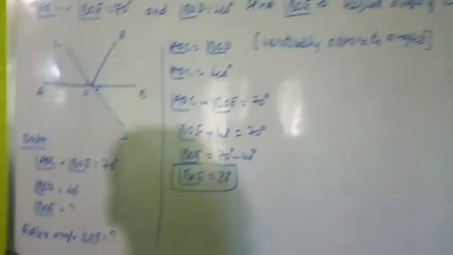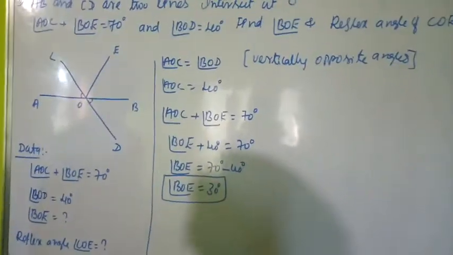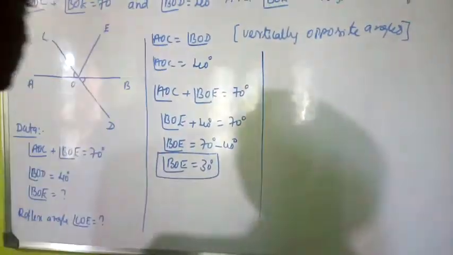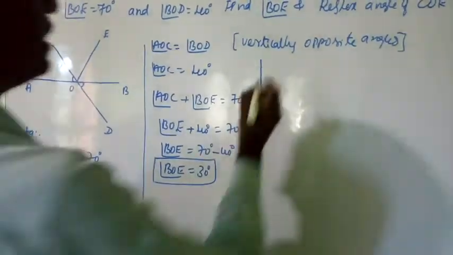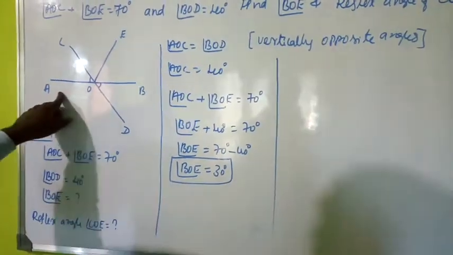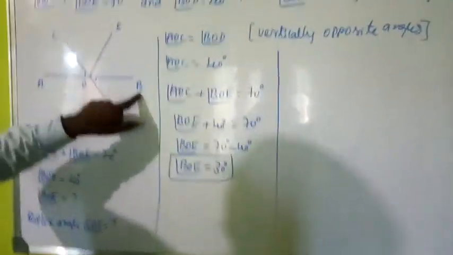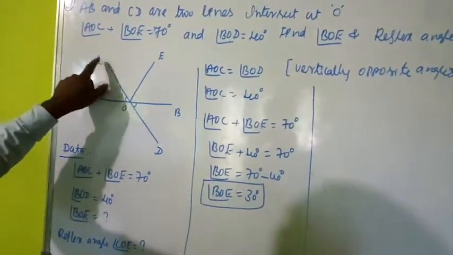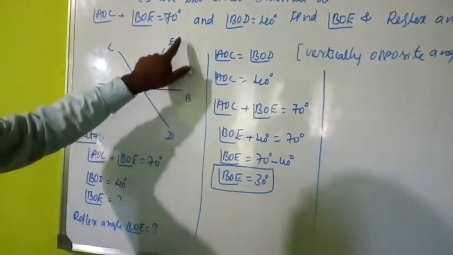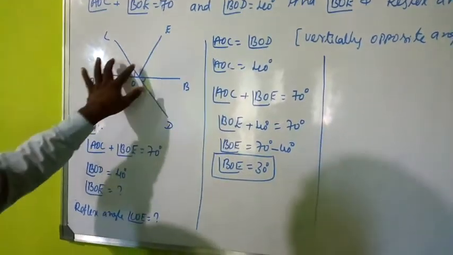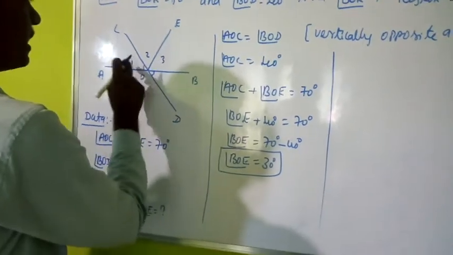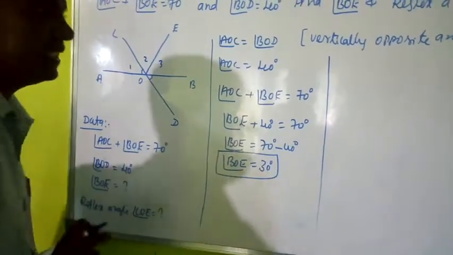Next, we want to find angle COE. Just observe here, AOB is a straight line. The three angles, angle AOC, angle COE and angle BOE, are formed on the straight line AOB.